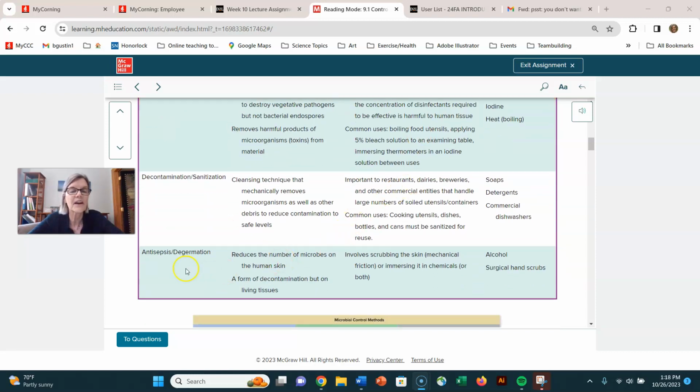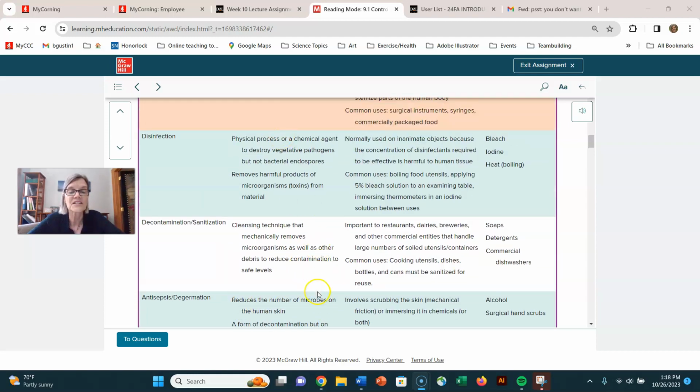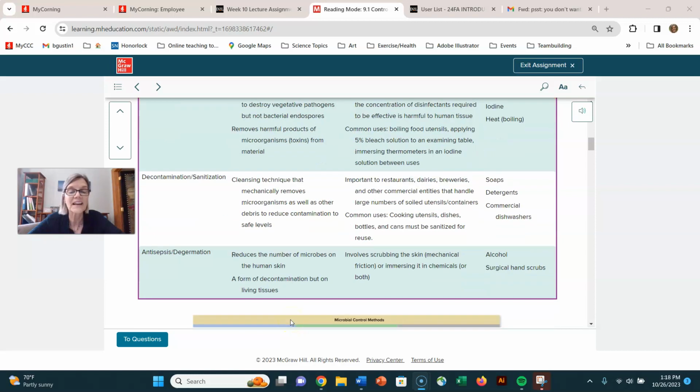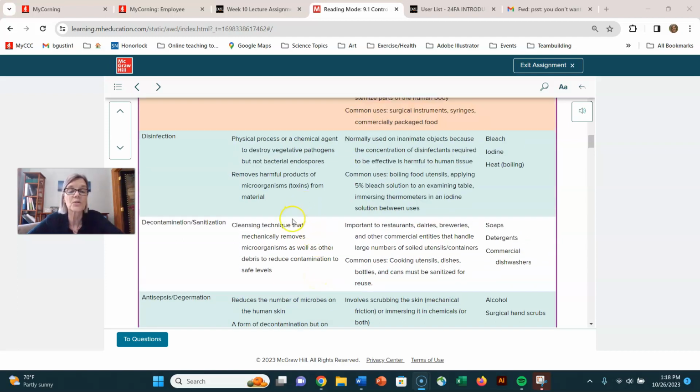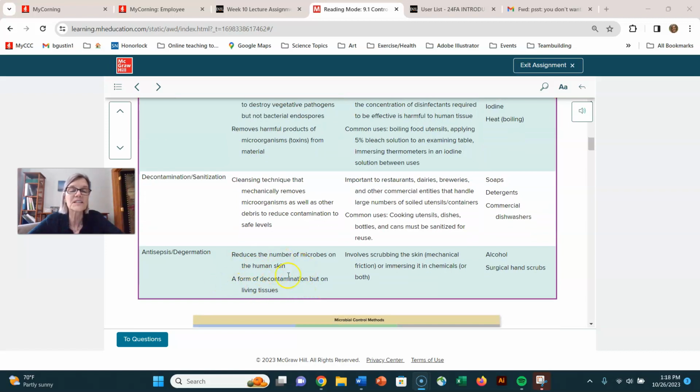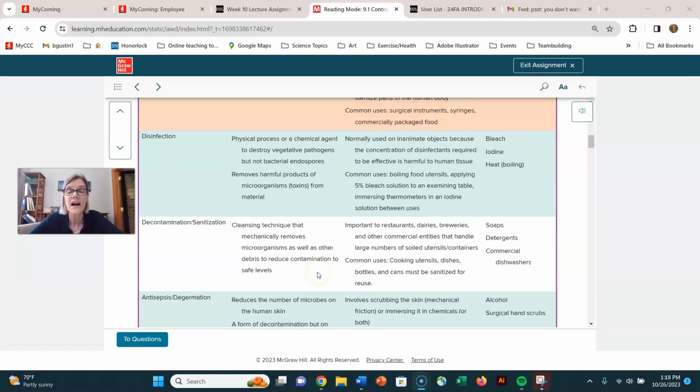And so we save the word antisepsis for reducing the number of vegetative pathogens on human skin. So again, it's not sterilization. We're not getting rid of endospores, but we're just reducing the number of pathogens or microbes in general on human skin or other living tissue.